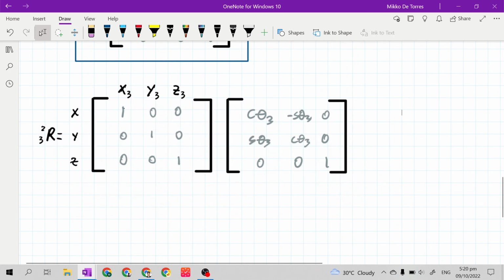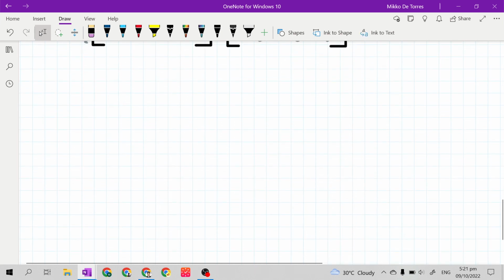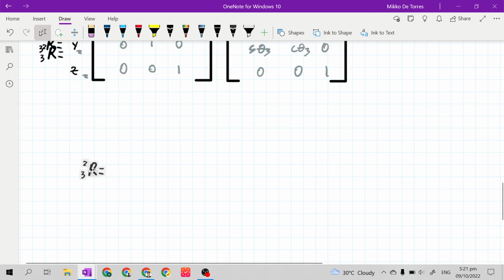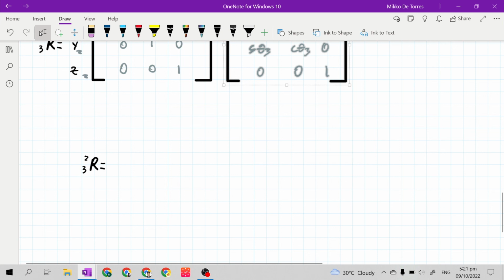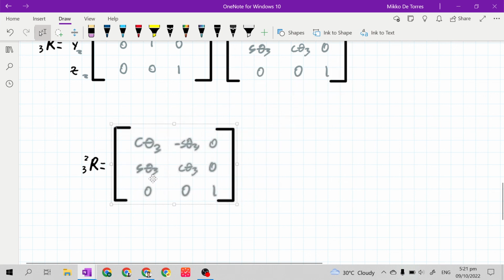Now we are at joint variable 3. So again, this is an identity matrix multiplied to the moving matrix, so our answer here again is the z rotation matrix. So this is our R23.